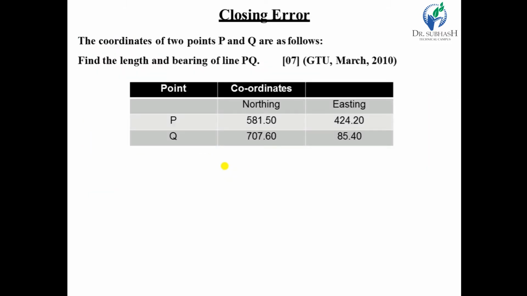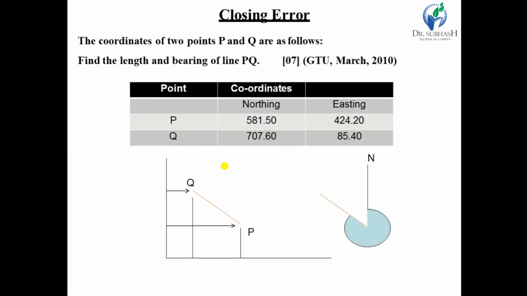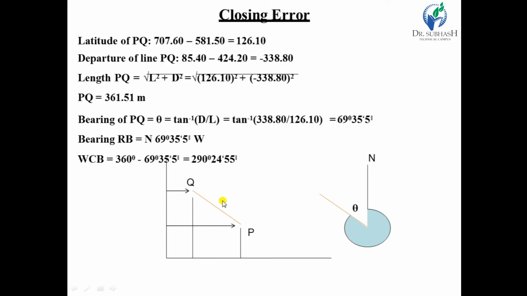Now we are calculating the closing error by using the northing and easting coordinates. The coordinates of points P and Q are as follows. See in the picture that P is placed in the coordinate system here and Q is here, approximately, for understanding purposes.